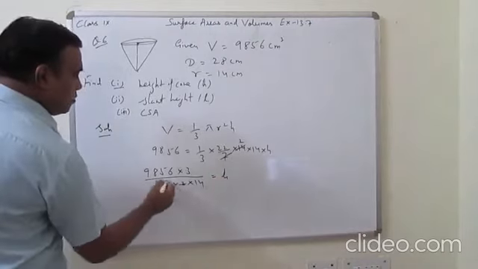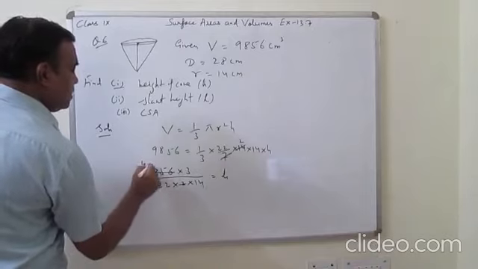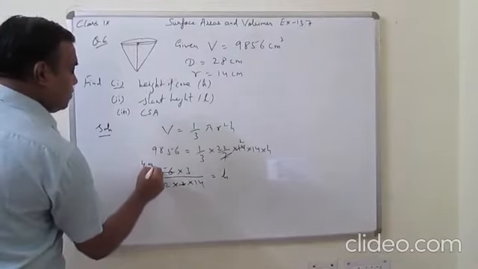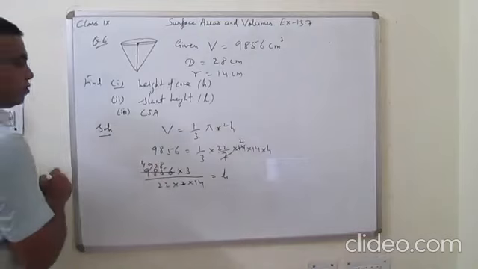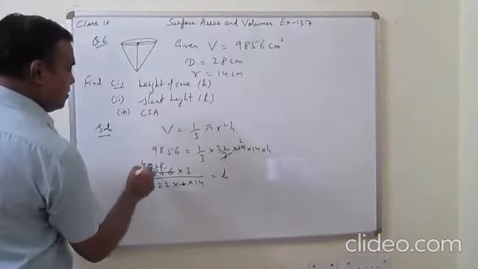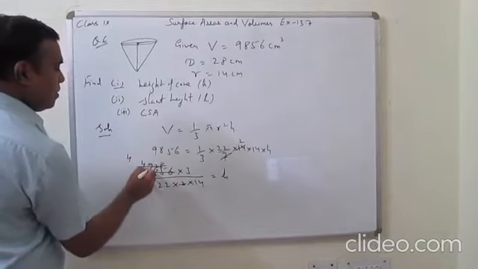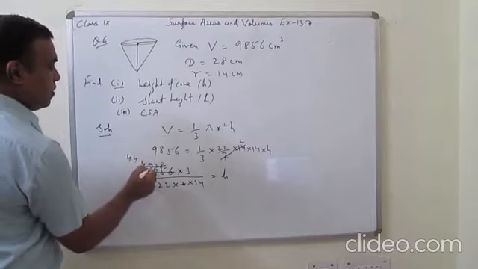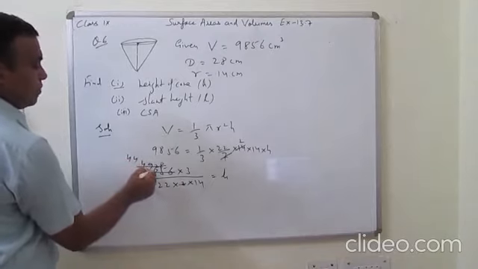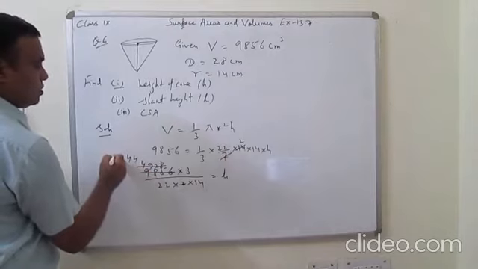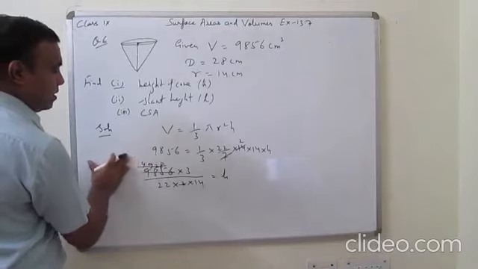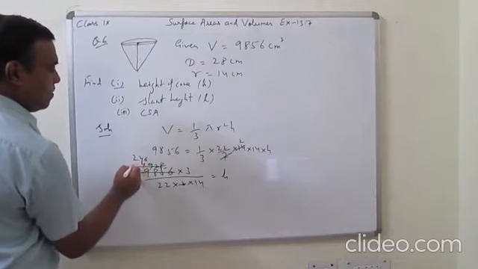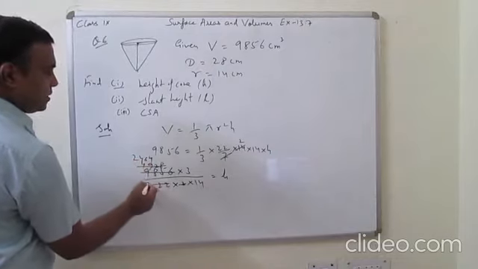Cut it with 2: 2 4s are 8, 2 9s are 18, and so on. Now cut it with 11: 11 4s are 44. If you solve it, again cut it with 2, 2 4s are 8, 2 6s are 12, this is 11.